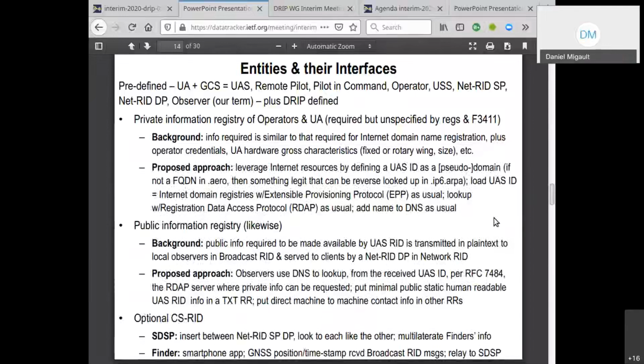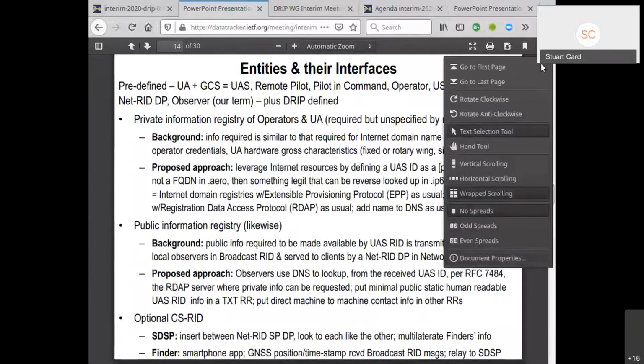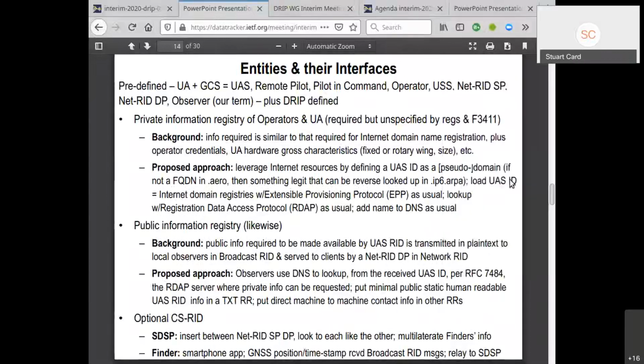And then, of course, if someone adopts the optional crowdsourced remote ID, then that adds 2 additional entities, some hopefully large number of finders, and at least 1 supplemental data service provider to aggregate the information from all of those finders and make it available.